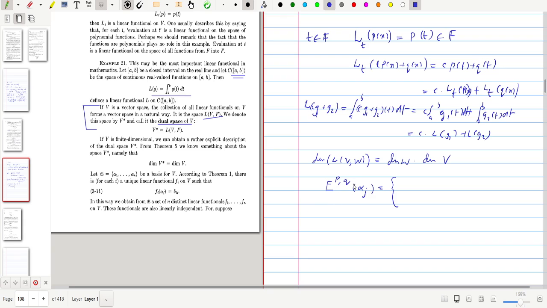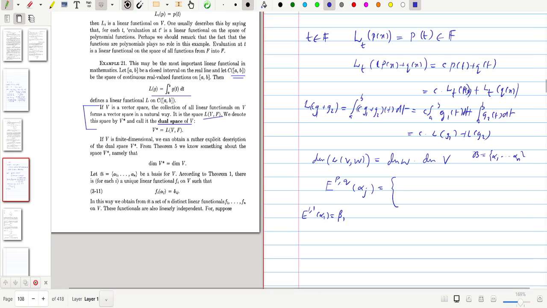These are dim W times dim V linear transformations from V to W, and I will write the explicit formula. I choose two bases: B equal to alpha 1 through alpha n, an ordered basis for V, and B prime consisting of the vectors beta 1 through beta m, a basis for W. Then the dimension of L(V,W) will be m times n.